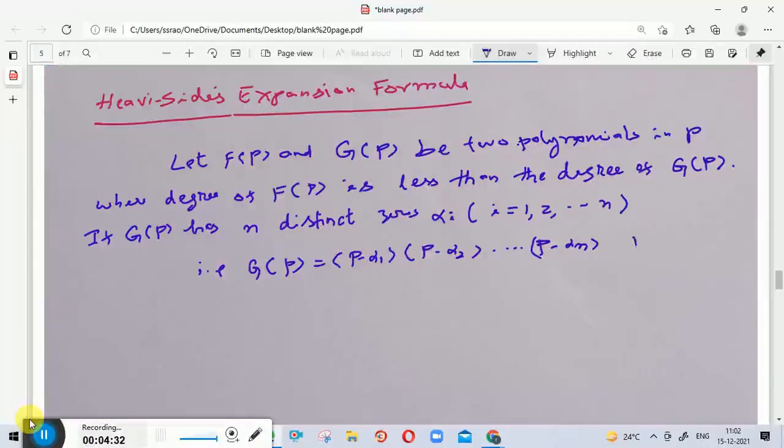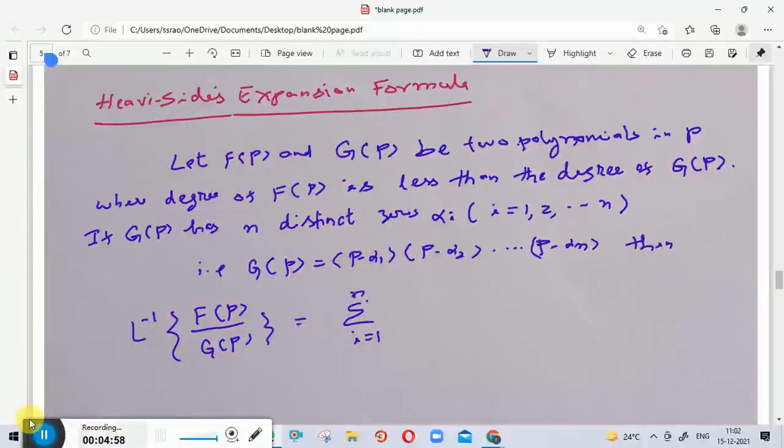Then L inverse of f of p divided by g of p is equal to sigma from i is equal to 1 to n of f of alpha i divided by g dash of alpha i, e power t alpha i.